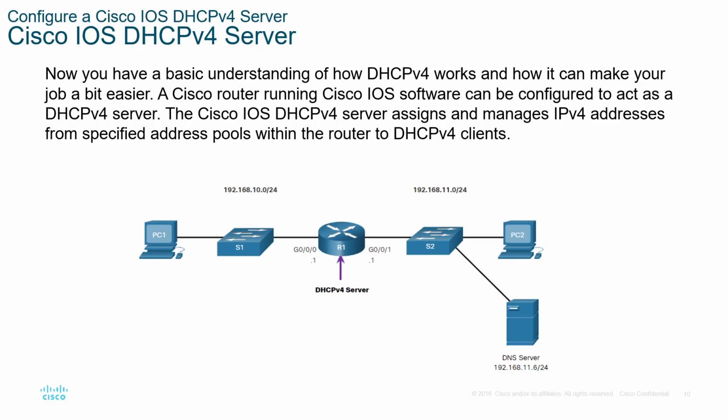The Cisco IOS DHCPv4 server assigns and manages IPv4 addresses from specified address pools within the router to DHCPv4 clients. Just the same way that a Windows Server 2016 or 2019 would be able to issue IPv4 addresses to clients, we can configure our Cisco IOS router to be a DHCPv4 server and issue IPv4 addresses to client machines.